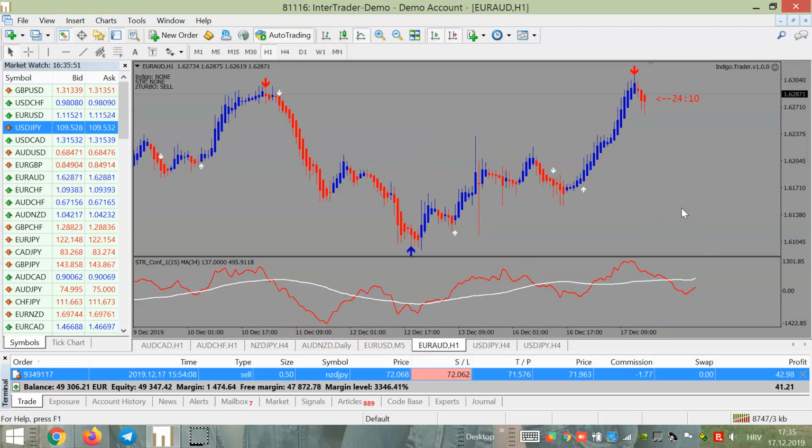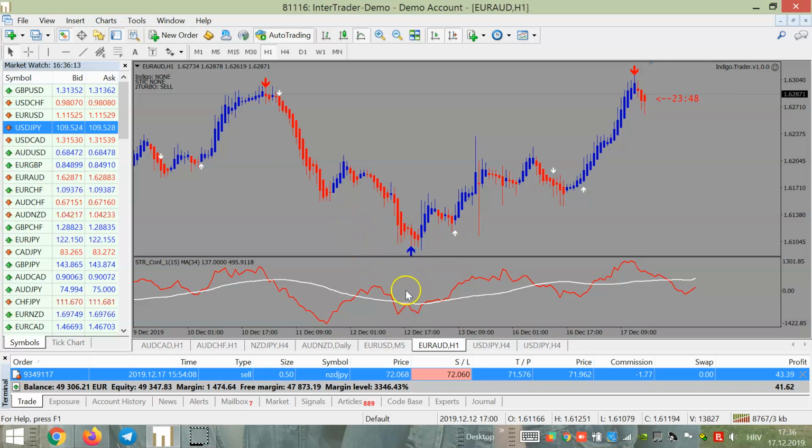Like here, if you have taken the trade here and use this function close opposite signal, it will go and trade until it will not take profit anyway here, until the next opposite arrow you see here.